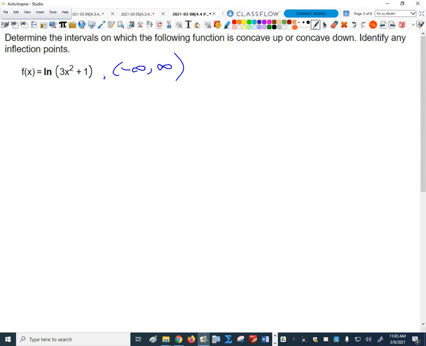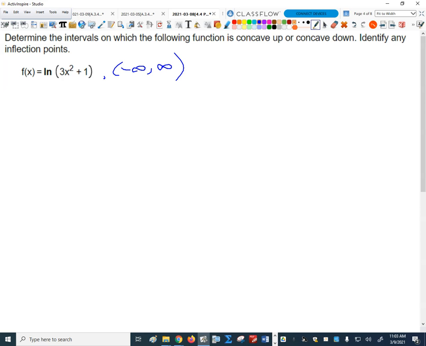Domain is all reals. Does this function have any symmetry? Does it have odd or even symmetry?